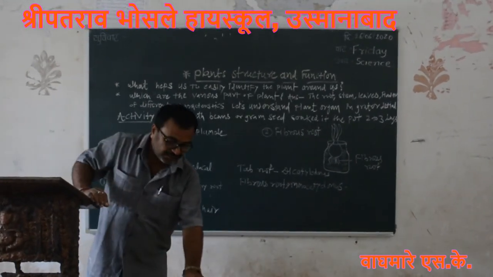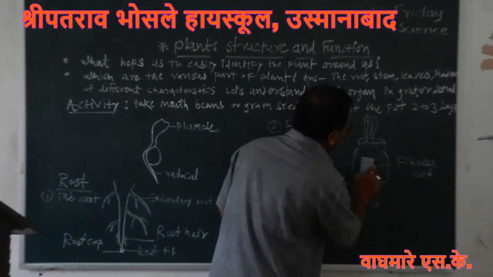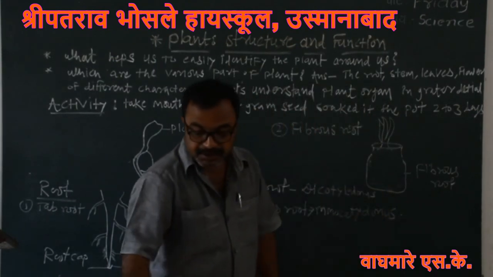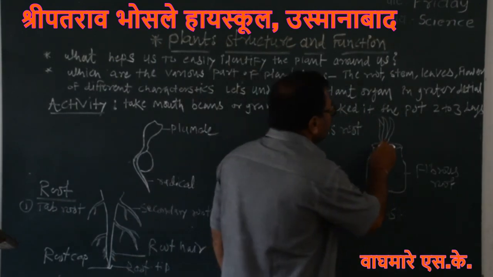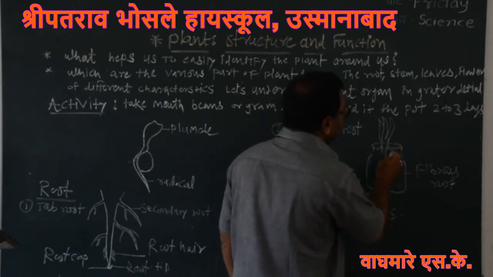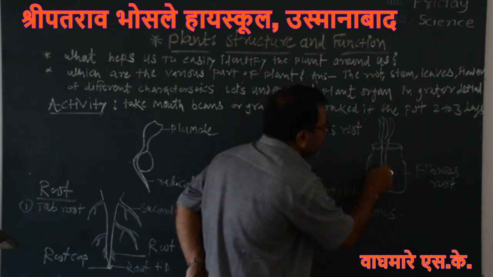Take one jar, and in that jar we have to put a small plant body showing the leaves, stem as well as the root part.